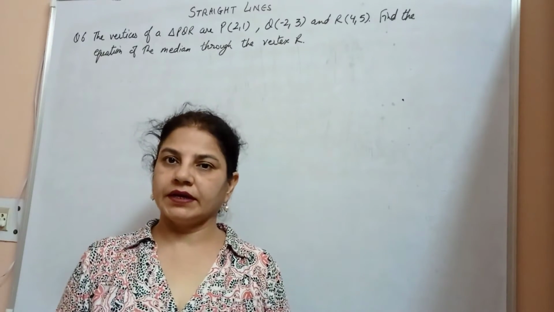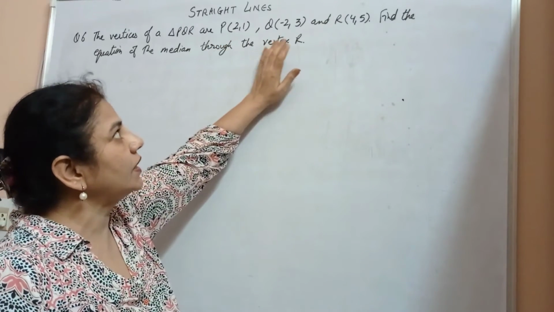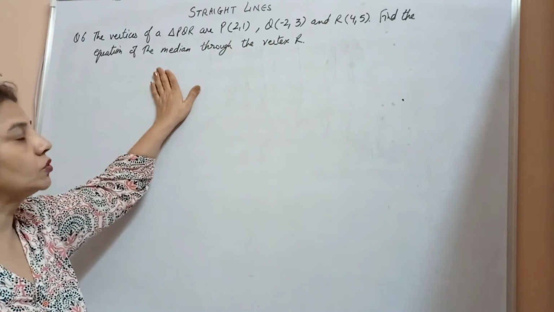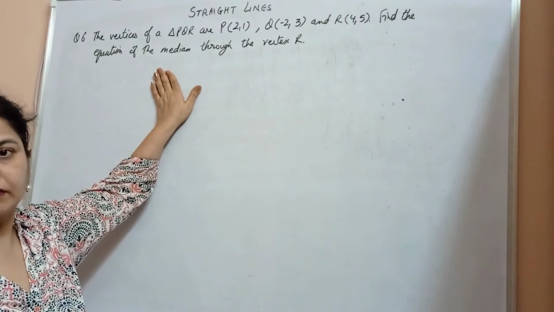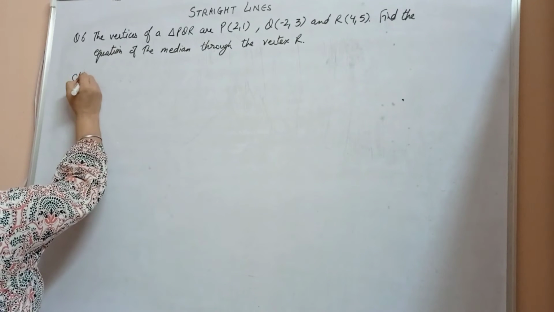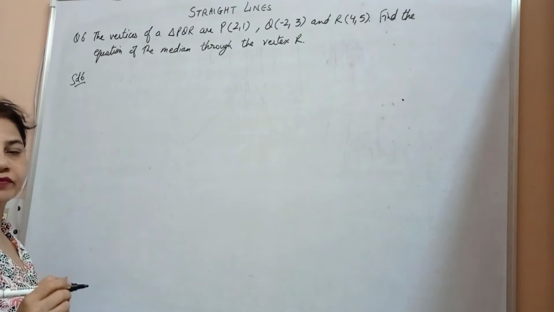The vertices of a triangle PQR are P(2, 1), Q(minus 2, 3) and R(4, 5). Find the equation of the median through the vertex R. So first of all we find the point that falls on the line PQ to give the median.